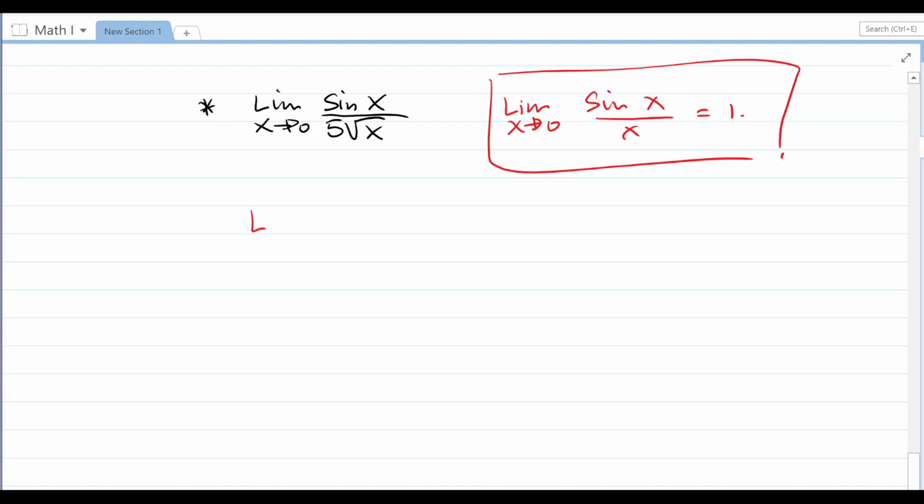So in this problem we can modify similarly.